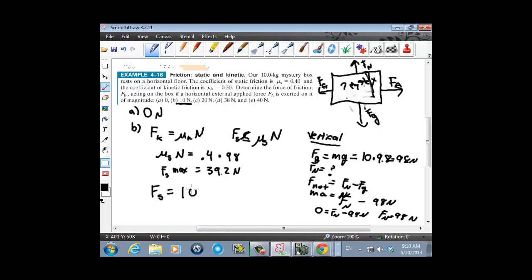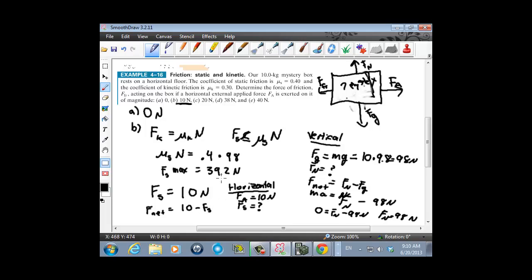So how much static friction do we actually have? 10 newtons. Because if we look at our horizontal force, we have force applied, which is 10 newtons. We have the static friction, which we can say is unknown. We know F net, we'll call to the right positive, is 10 minus Fs.